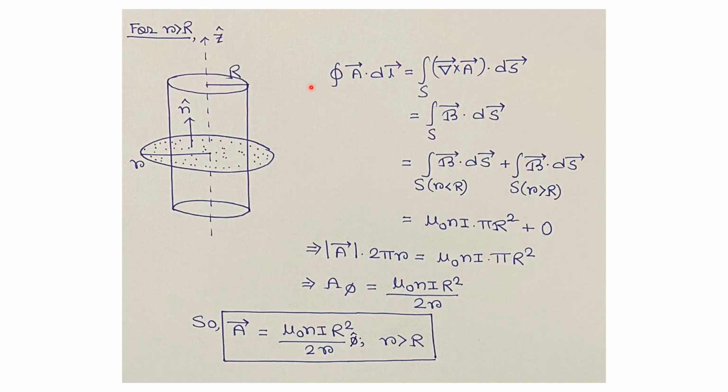And for the line integral, the closed path integral of the A vector, this will be the magnitude of A multiplied by 2 pi r. So our vector potential will be mu naught N I capital R square by 2r, and in the vector form this will be mu naught N I capital R square by 2 small r along the phi cap direction.